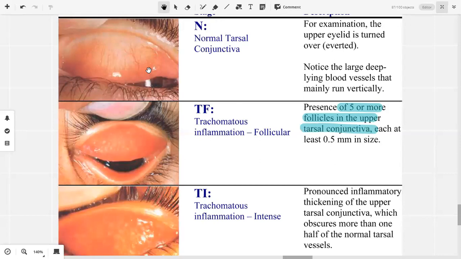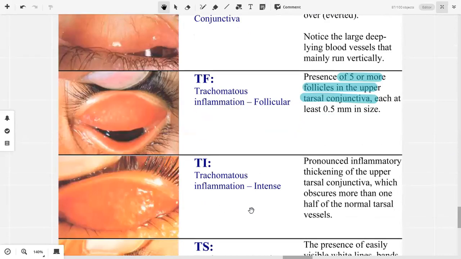In any other conjunctivitis, as we've seen, in which follicles are present, the follicles are present in numerous or greater quantity in the lower palpebral conjunctiva. If they are present in the upper palpebral conjunctiva, it means that it is most likely trachoma. This was our first stage, the follicular. The second is intense inflammation, which we've just seen.